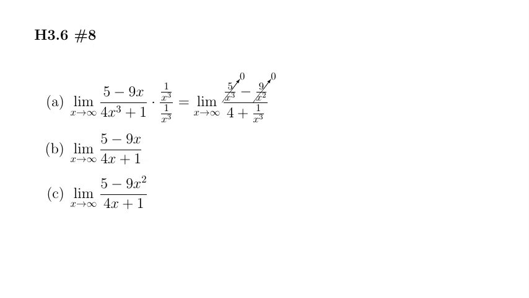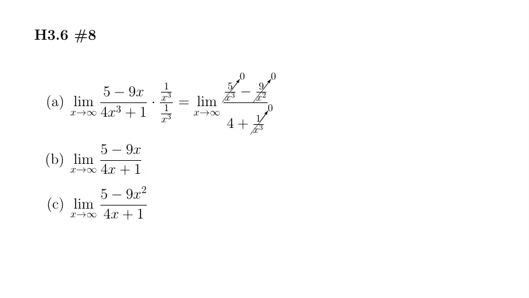As you can see, the numerator is going to go to 0, so we're going to have 0 on top, and the denominator is going to be 4 plus 0, so you're going to get 4 on the bottom.